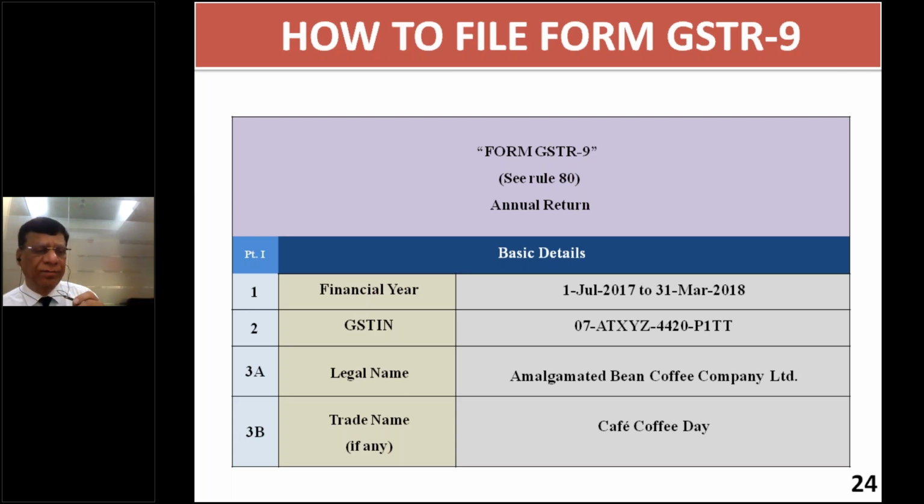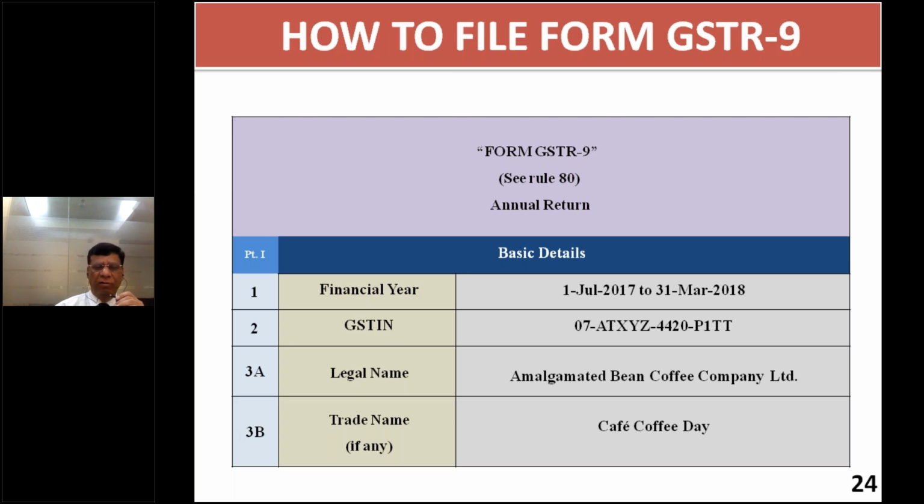So, at the very first part one, there is table one relating to information seeking financial year. All these information will be auto-populated. In case you find that your auto population is not correct, you are always welcome to edit those particular fields. But wherever you find that the information is correct, you may go ahead.